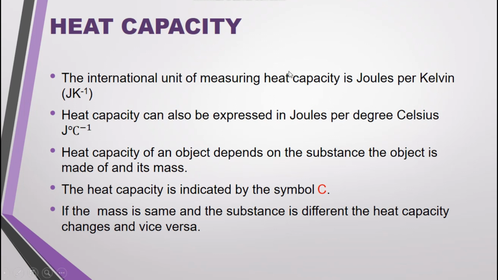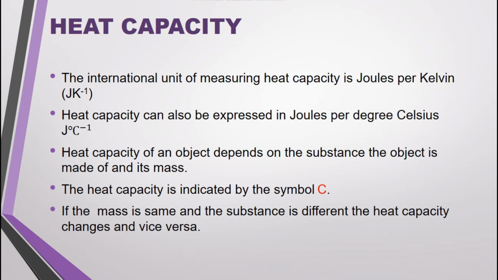The international unit for measuring heat capacity is joules per Kelvin. And we also measure it in joules per degree Celsius. As I told you before, heat capacity depends on the substance and on its mass.